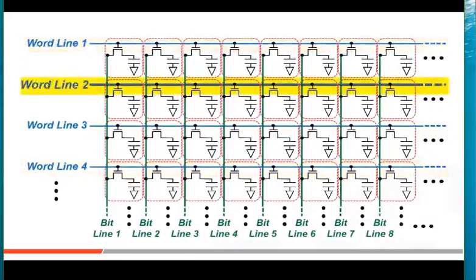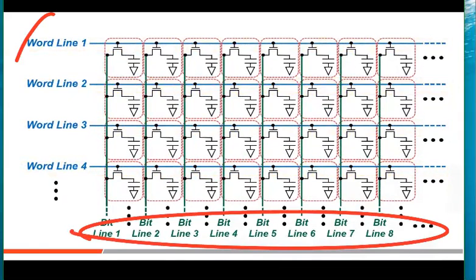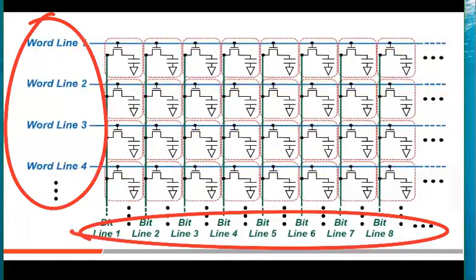Now, these are called bit lines, and these are the word lines. Word lines are decoded usually from the top bits of the address bus you send to the IC, and bit lines pass your data bus content to and from the internal memory cells.